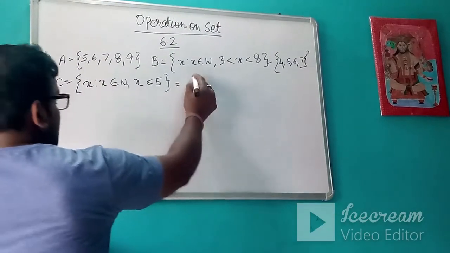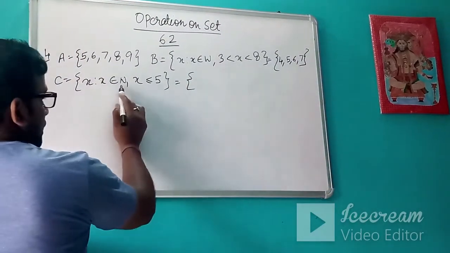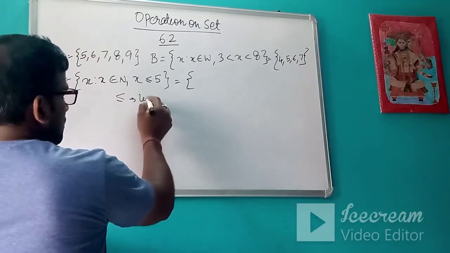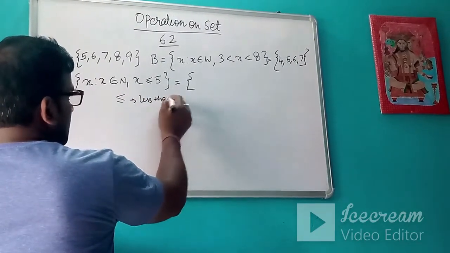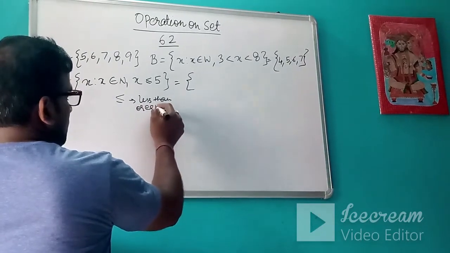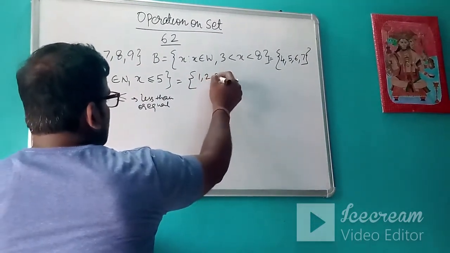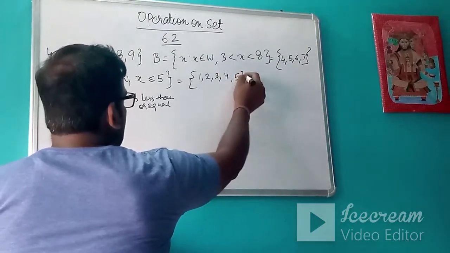Now we will write C in the roster form. All the natural numbers which are less than or equal to, remember this sign, that means all the natural numbers less than as well as equal to 5.